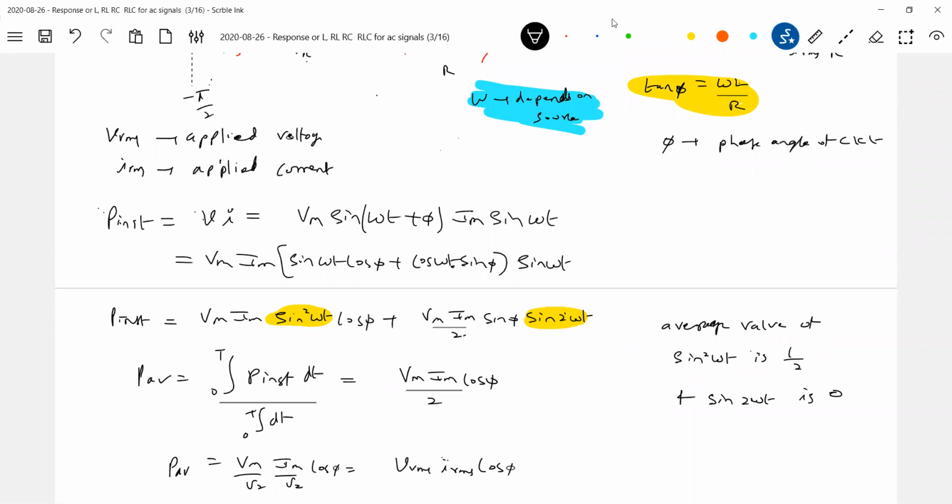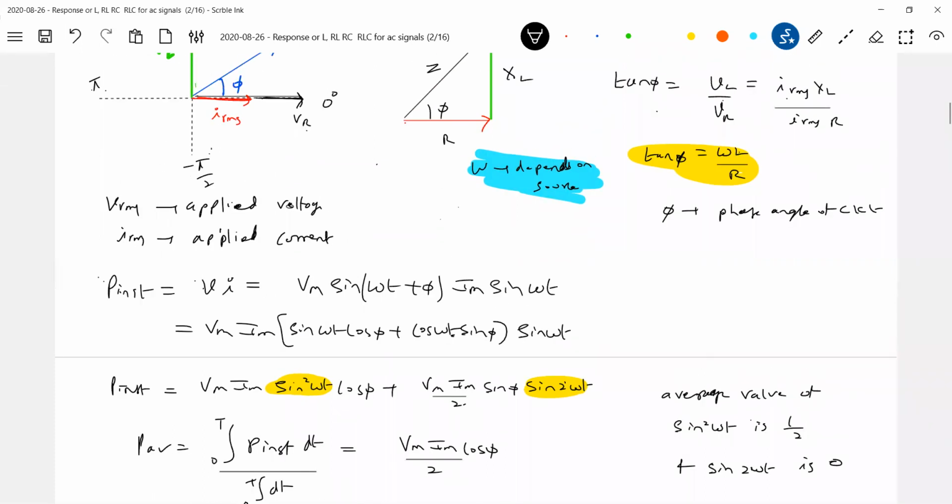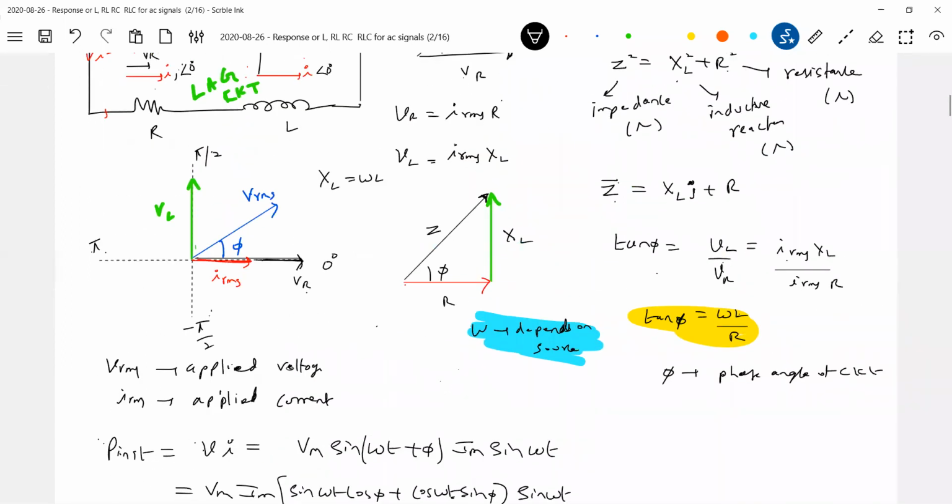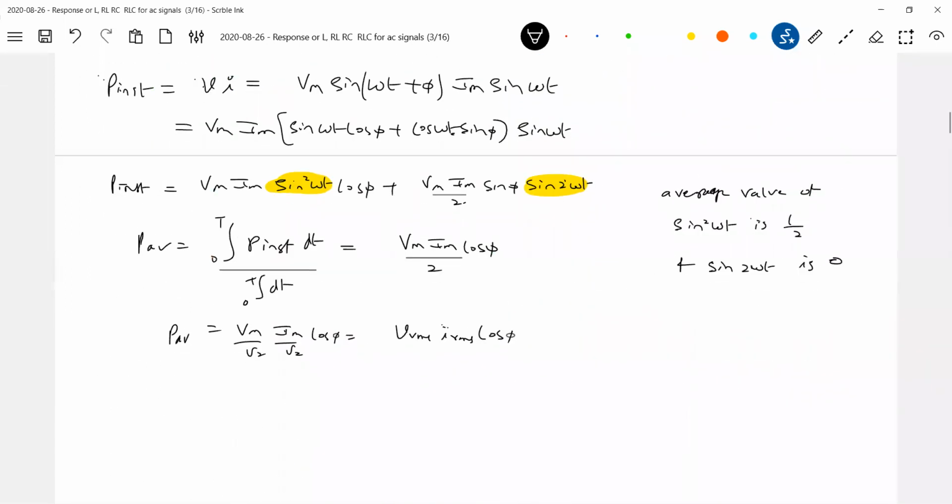The average power dissipated in an AC circuit is given by Vrms Irms cos phi. Whatever the circuit, calculate that cos phi. How to calculate cos phi? This cos phi, I'll give a very good name. I'll call it the power factor. Cos phi is called the power factor.